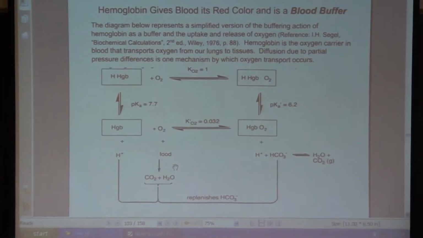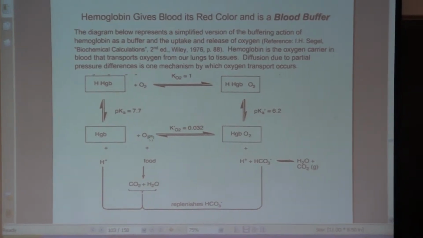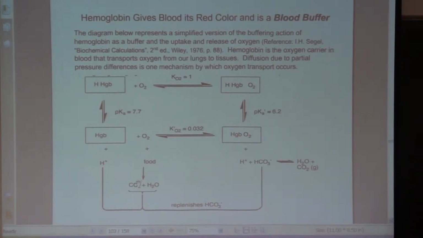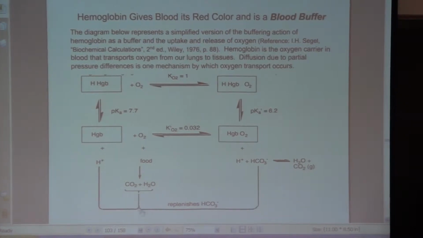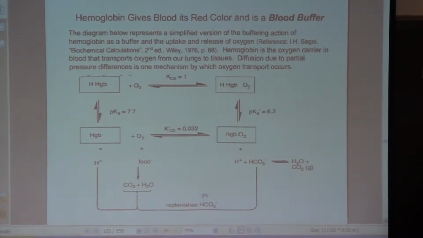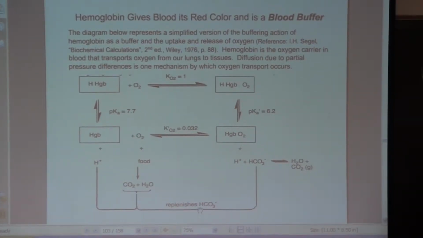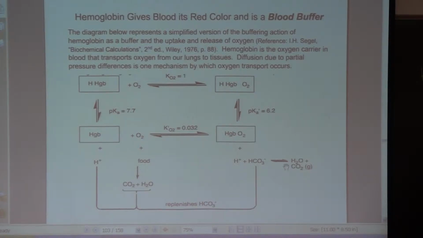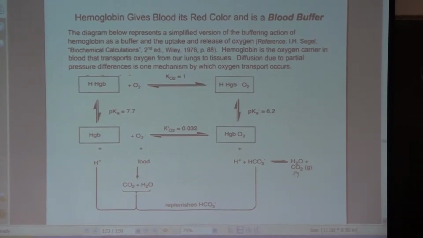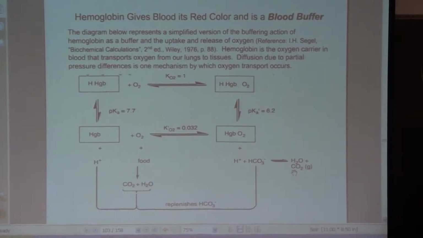Okay, so you just told me that when food reacts with oxygen, that produces CO2 and water, and that replenishes the HCO3 minus. And then that HCO3 minus, in this reaction here, is going to produce more H2O and CO2. And then we can expel this CO2 by exhaling.